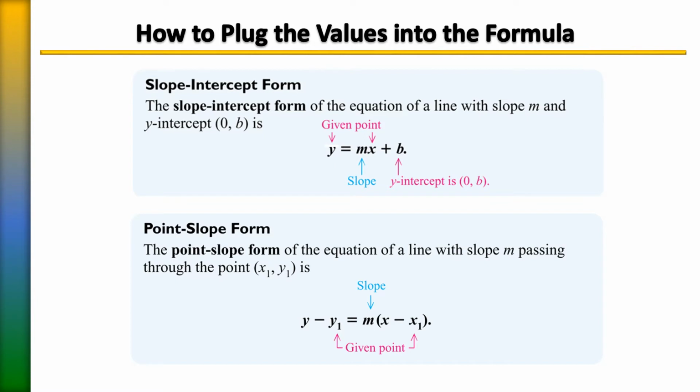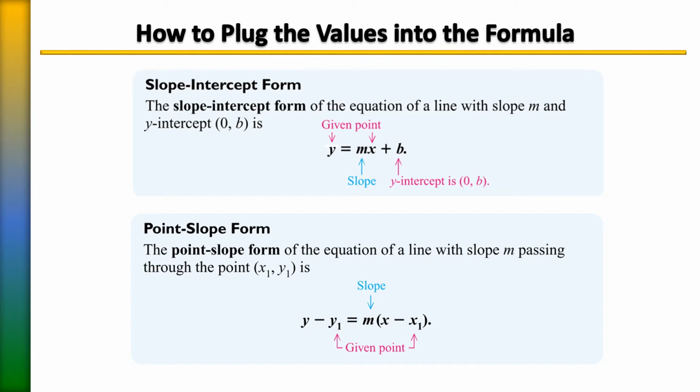Whatever your x value is of your ordered pair, you're going to plug it into x's place. And with this formula, you don't know the y-intercept.